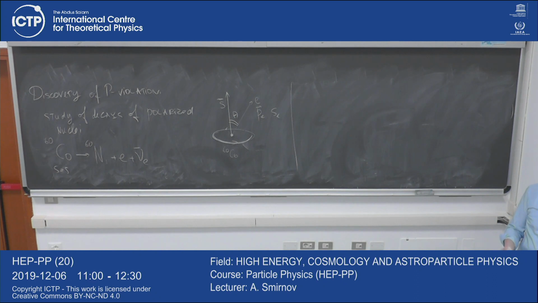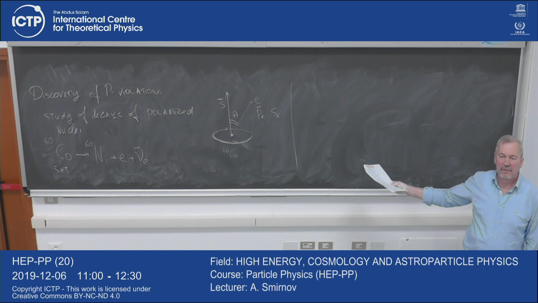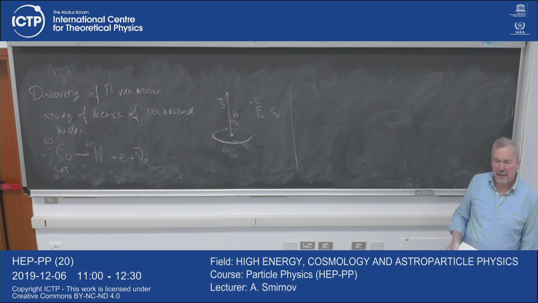Do you understand my question? I think in this problem you still have some direction. You have polarization of the nucleus, right? And it's polarized in a certain direction, which means that you have some direction which is picked out, right? So you have some certain direction in this system.